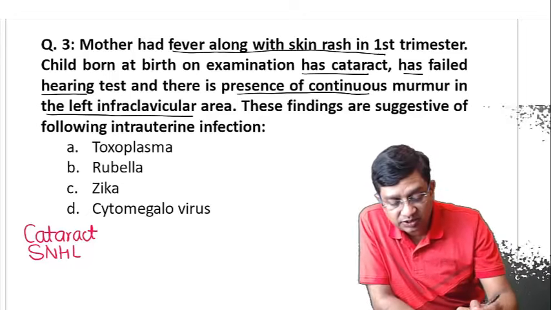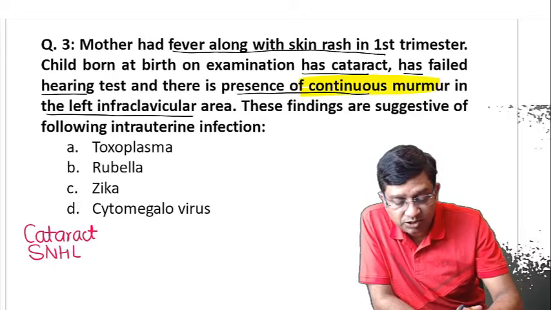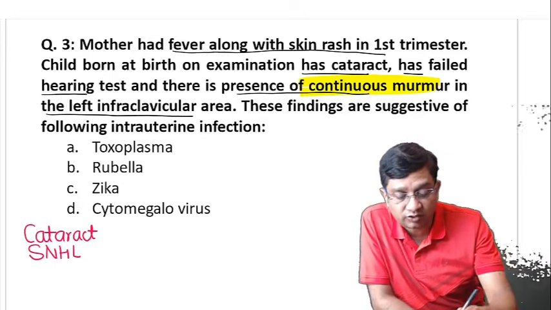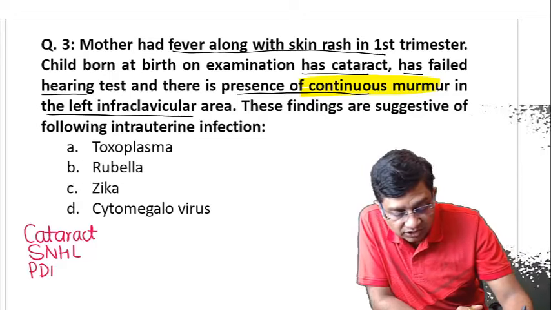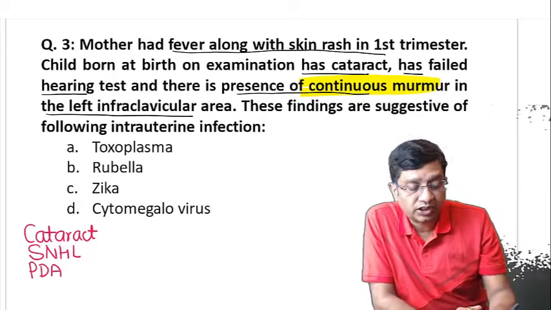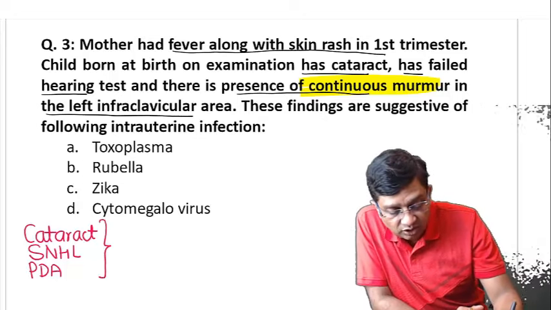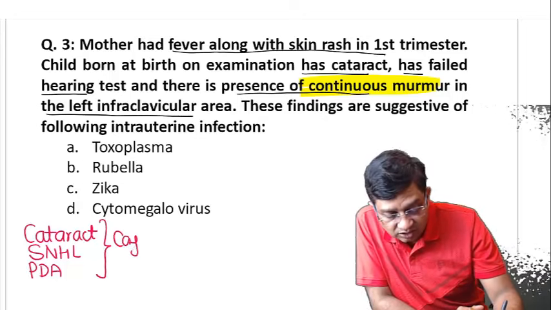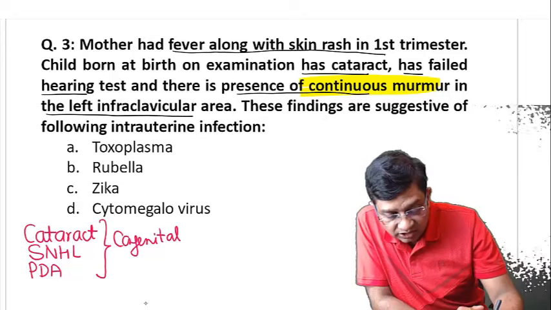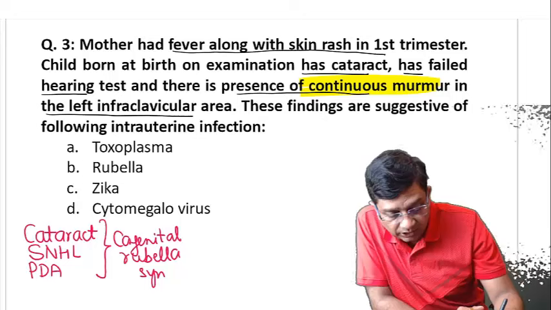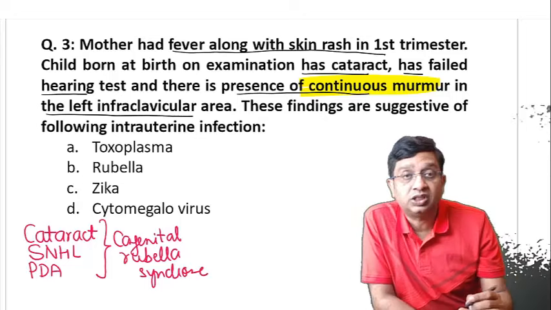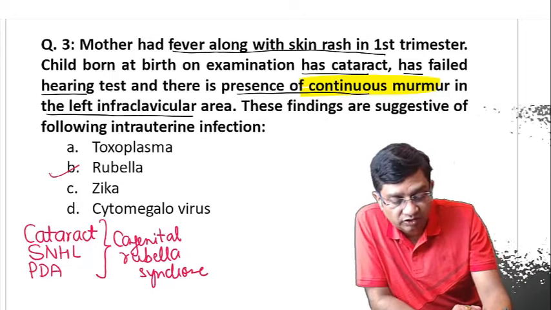And there is a continuous murmur in the left infraclavicular area, which is heard in patent ductus arteriosus. Cataract, SNHL, PDA, all three are features of congenital rubella syndrome. So the answer goes in favor of rubella.